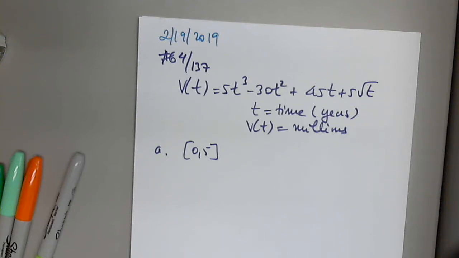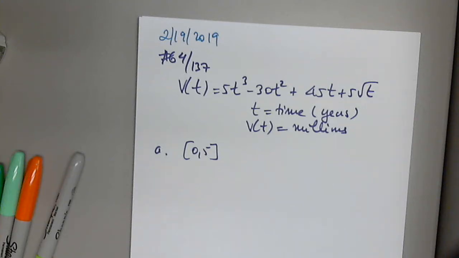Okay, good enough. So this appears to be the graph on 0 to 5. That's what they're asking us to do. 0, 1, 2, 3, 4, 5, and I have 0 to 100 here. Perfect. So this is a good enough graph.